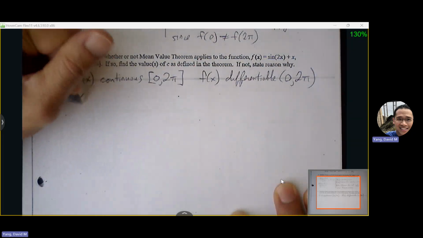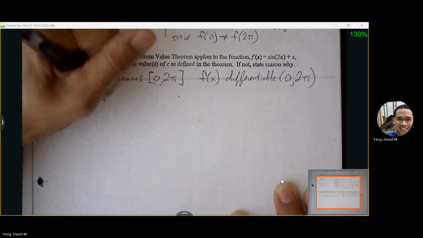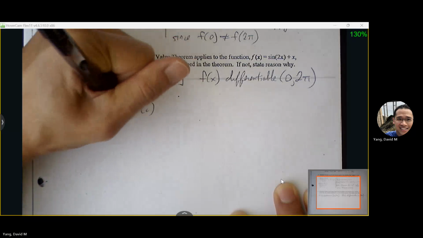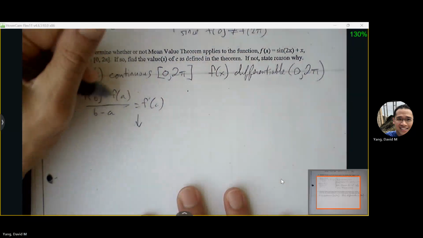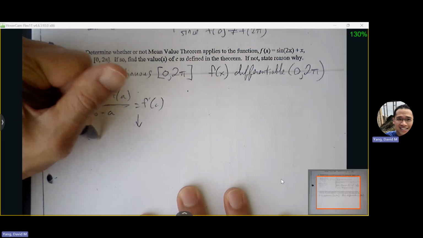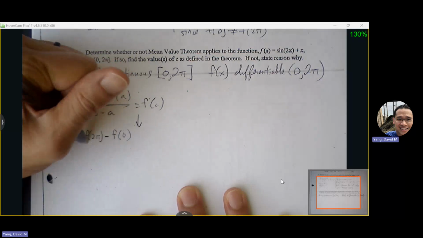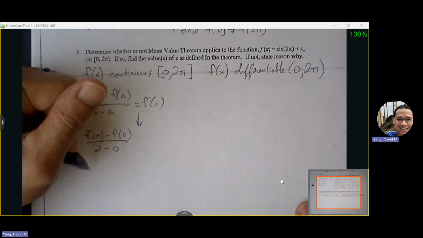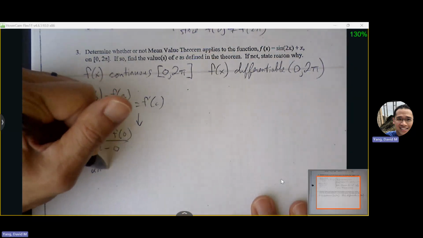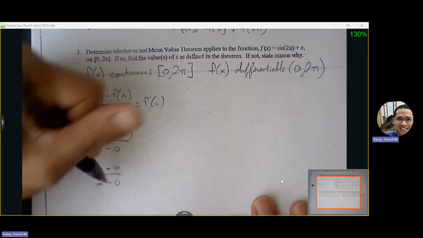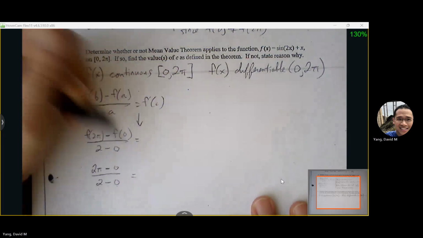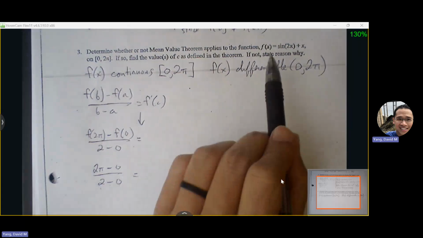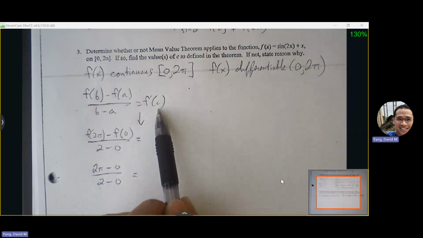I will set up my formula here. Going to work my way down here. So f of 2 pi minus f of 0. We already found all the ordered pairs from before, right? So 2 pi minus 0 over 2 pi minus 0. Okay, so we have our slope basically figured out, and then we have to just work on the derivative part of it, which is f prime.